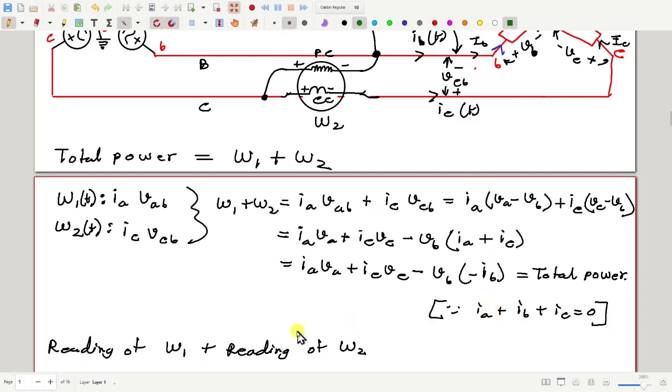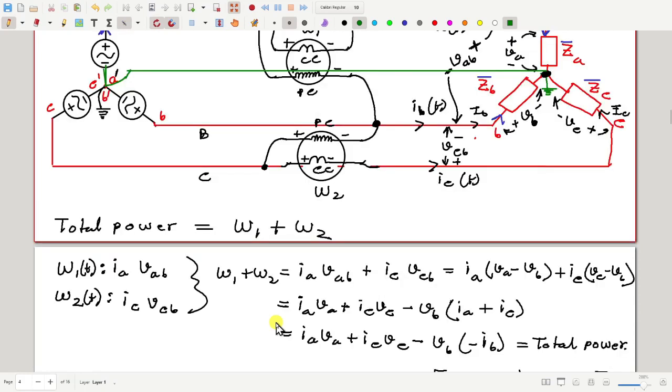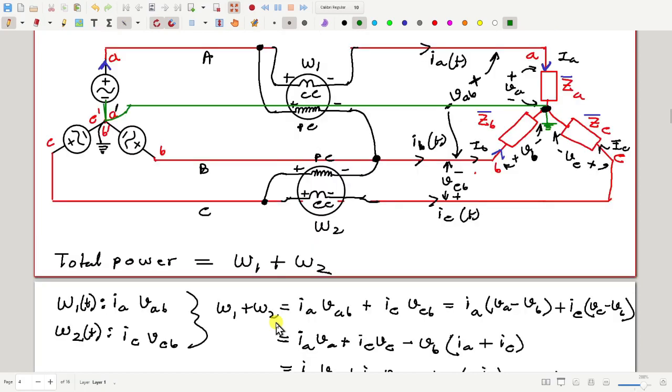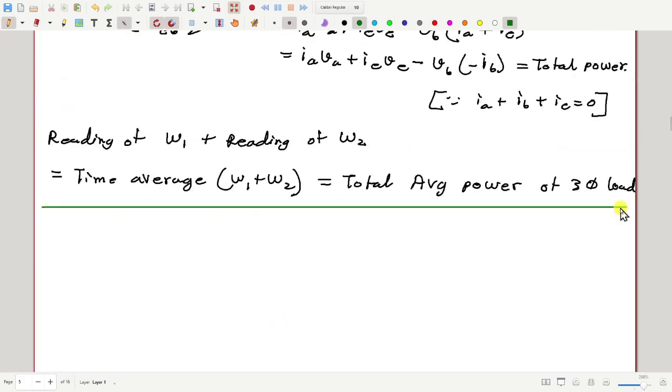Okay, any questions so far? Sir, is there a case where the neutral line is not present but the load is not balanced? Yes, why not? It's possible. So, will it work? It will work because you stated that neutral is absent and load unbalanced.